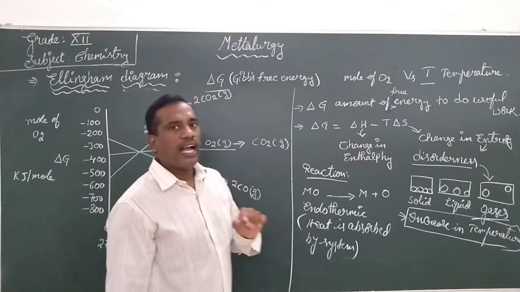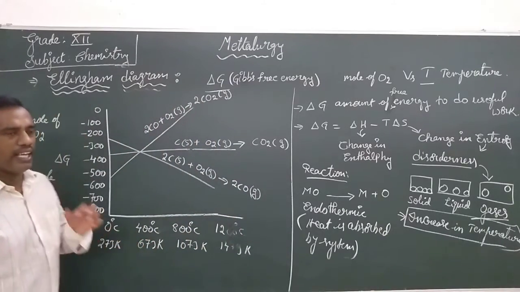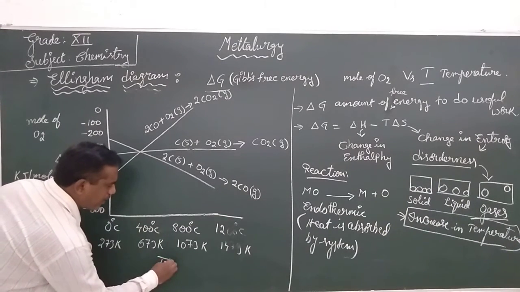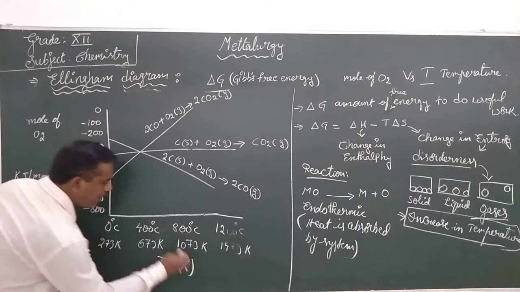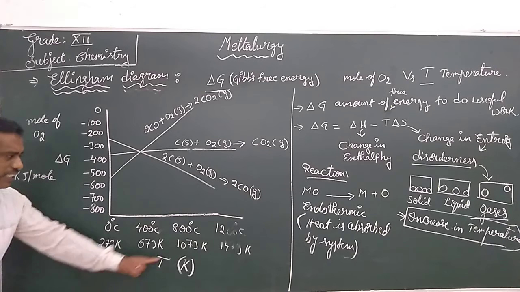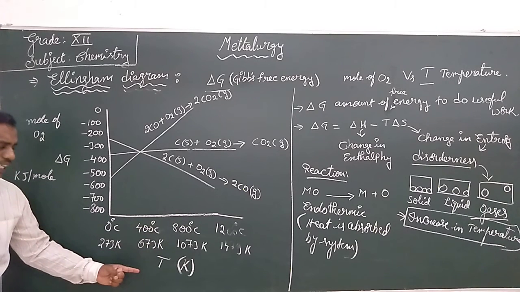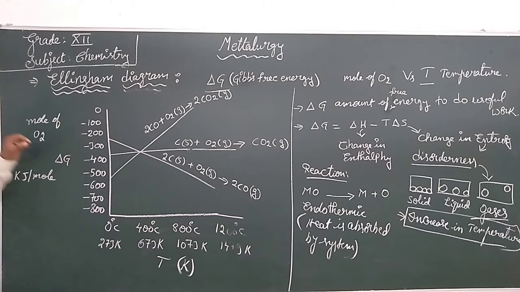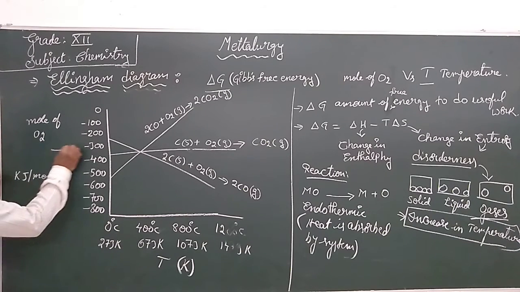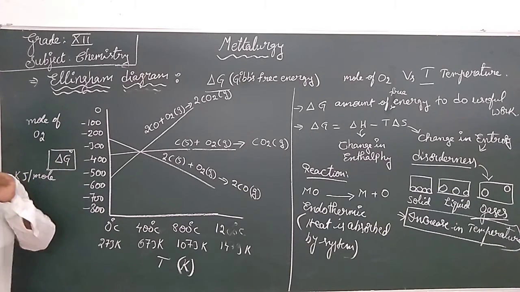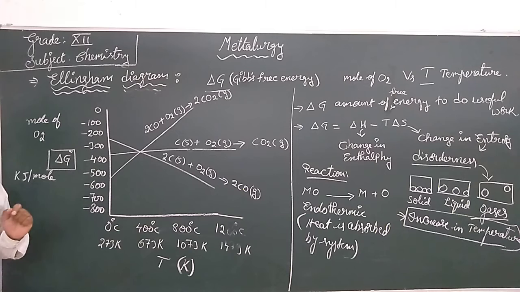We have a curve here with two axes. In the Ellingham diagram, one axis, the x-axis, is temperature expressed in Kelvin, and the other is delta G naught, that is Gibbs free energy in the standard state.